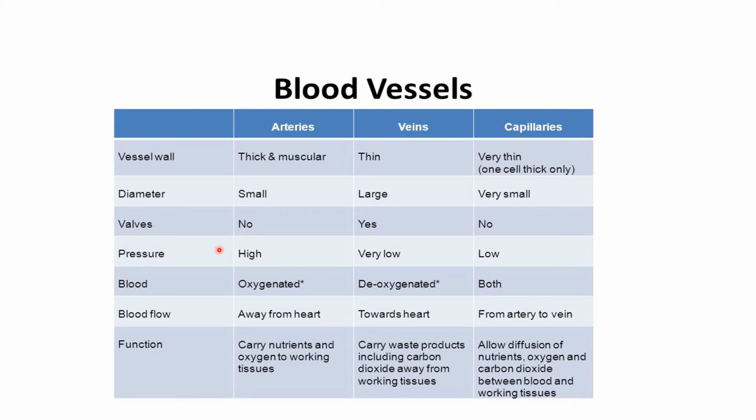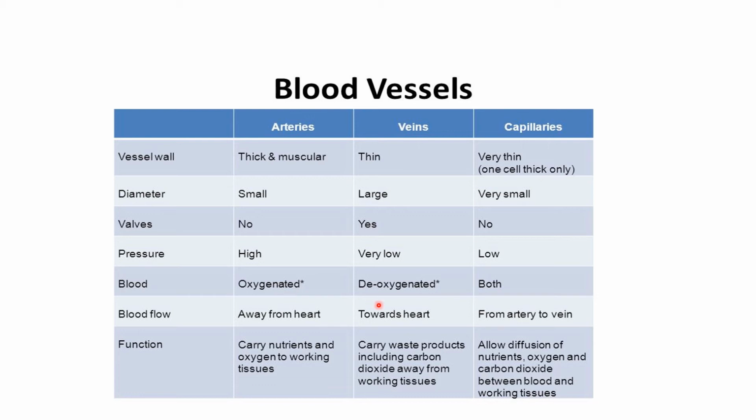Pressure: arteries have blood with high pressure, veins have blood with very low pressure, and capillaries have blood with low pressure. Arteries carry oxygenated blood.